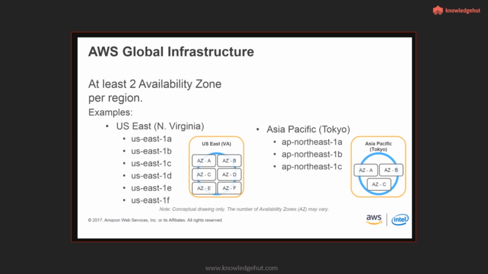The reason is simple: you have something like June 26th, with what happened in Mumbai a few years ago, where it suddenly got flooded. Unfortunately, if you had only one data center, and a natural disaster like that happened, you can't do much about it. To avoid such situations, they have come up with availability zones.